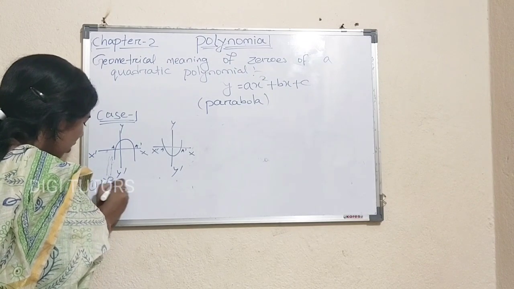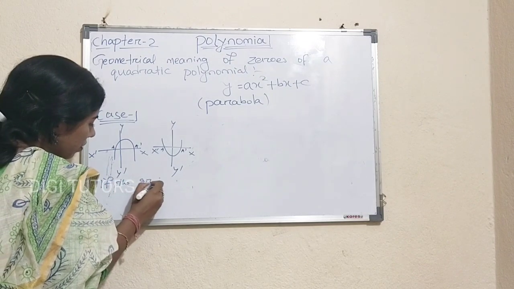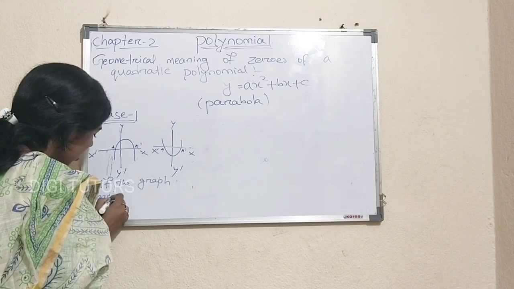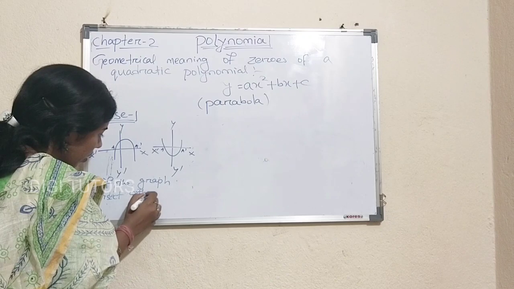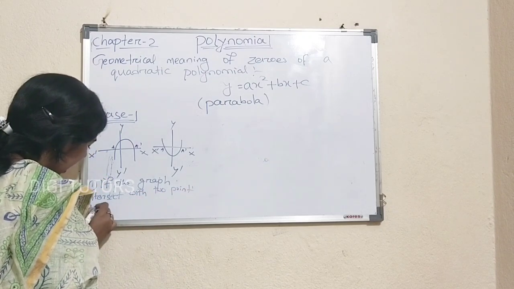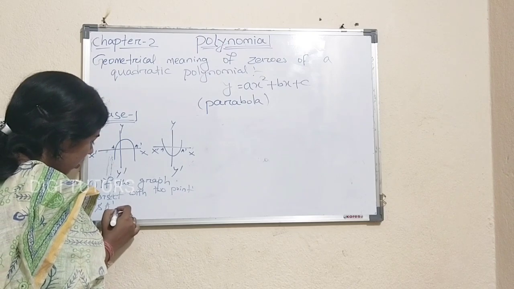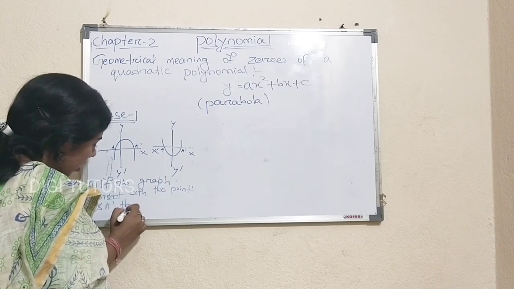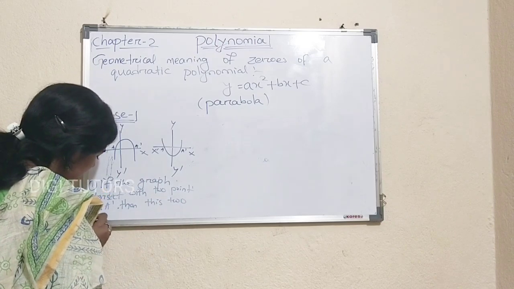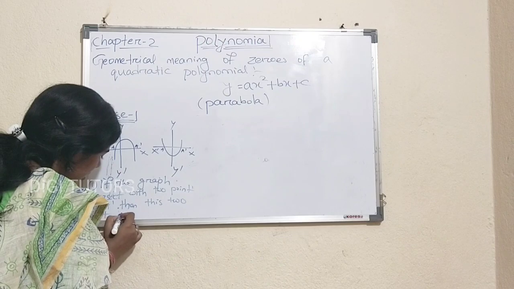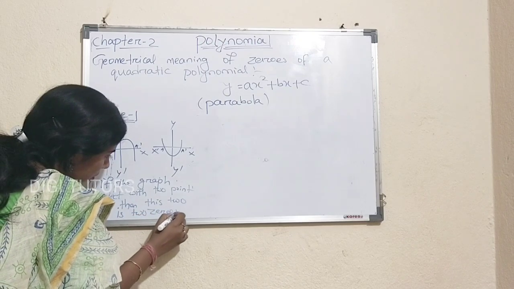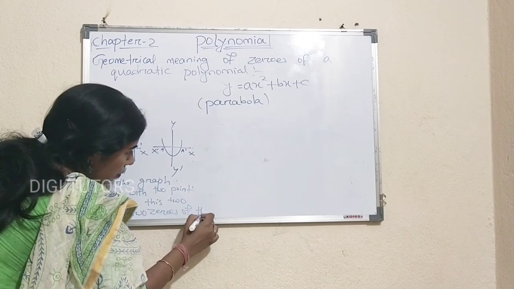So if the graph intersects the x-axis at 2 points A and A dash, then these 2 points are the 2 zeros of the polynomial.